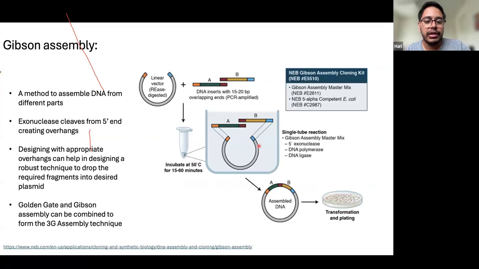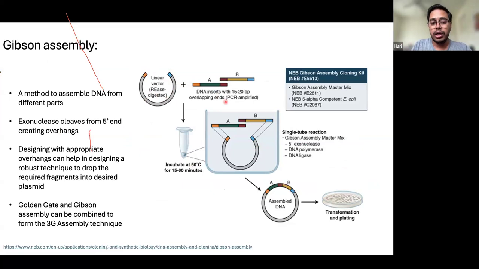There is another method for assembling the parts, which is called Gibson assembly. That uses the property of a certain endonuclease enzyme that can cleave from the 5' end of a fragment and create overhangs.